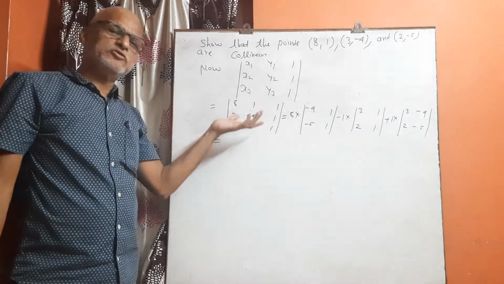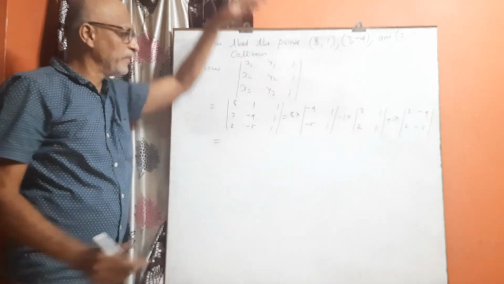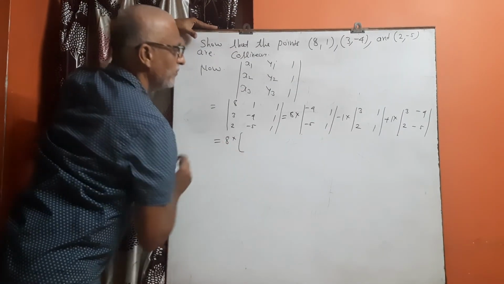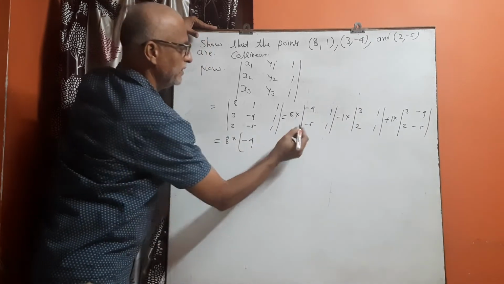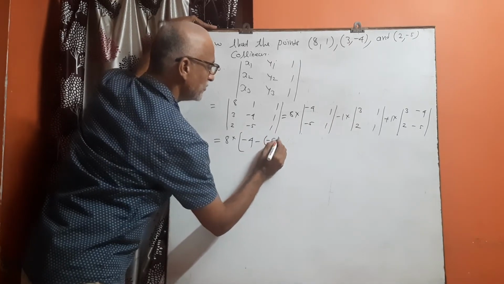Now we have solved so many problems, so you can write directly also. 8 into -4 into 1, that is -4, -5 into 1, that is -5.